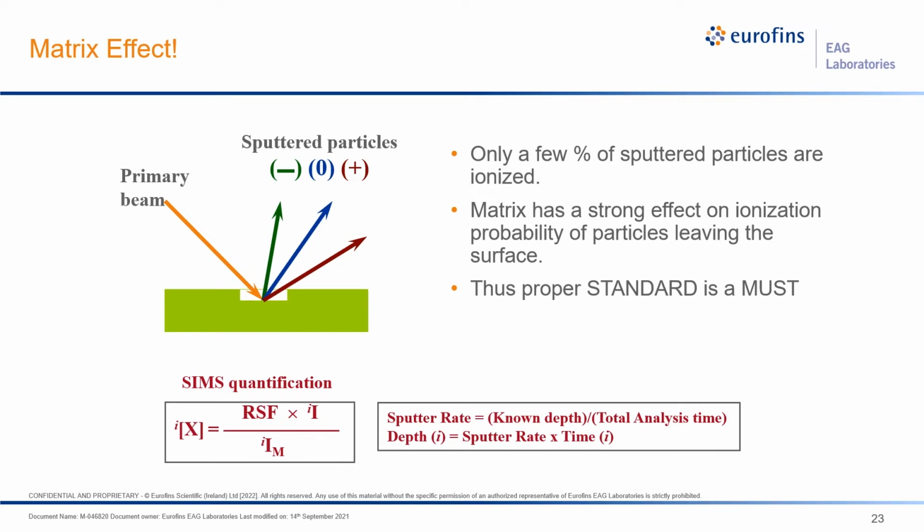And the depth axis, as we discussed before, is determined by multiplying the sputter rate measured from a crater measurement times the time spent at data point i. Unfortunately, these parameters, the sputter rate and the relative sensitivity factors, change with changes in composition. As we saw in the SiO2 silicon example, the relative sensitivity factor had to change from SiO2 to silicon for boron quantification to be done properly.